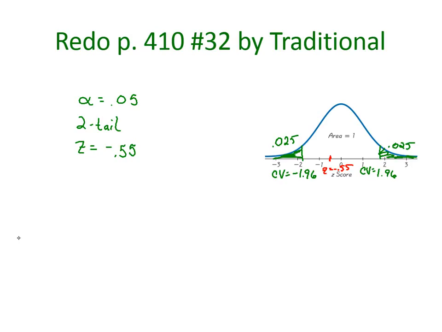That could easily happen just by random chance, that we can get something that's that far off away from the true mean, even if I knew what the true mean was. And so in this case, this is a fail to reject. And we fail to reject the null hypothesis.